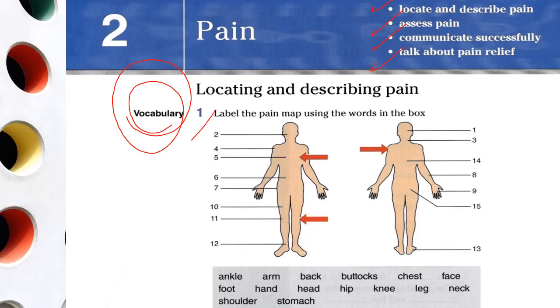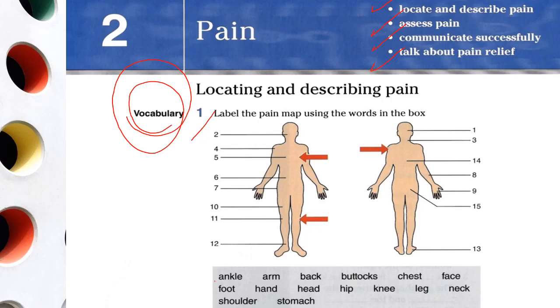So exercise number 1 says, label the pain map using the words in the box. Okay, so let's read together the words in the box, and then we are going to match each part of the human body with its name.